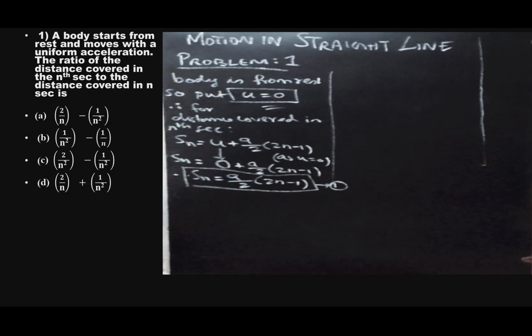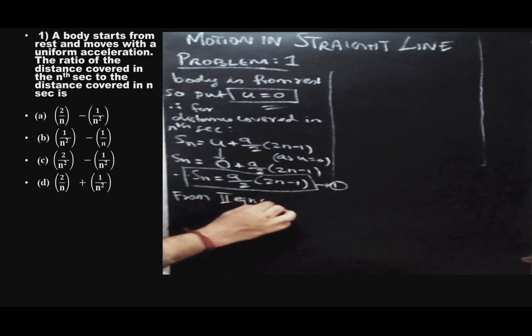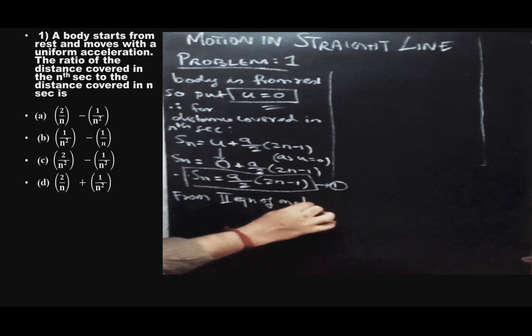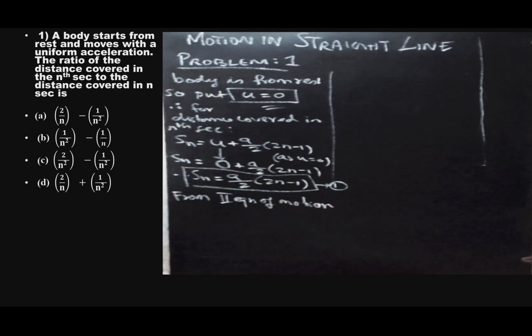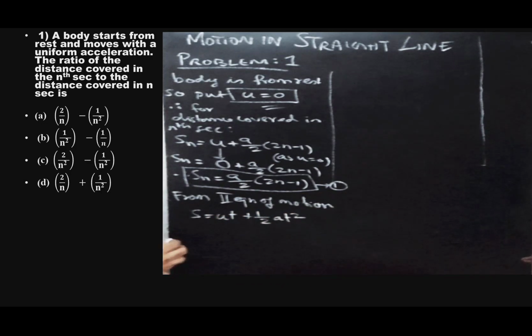Now we have to go for the n seconds. So it is the second part. From the second equation of motion, we have S equal to ut plus half at square. Once again, as it is coming down from rest, u is equal to 0.